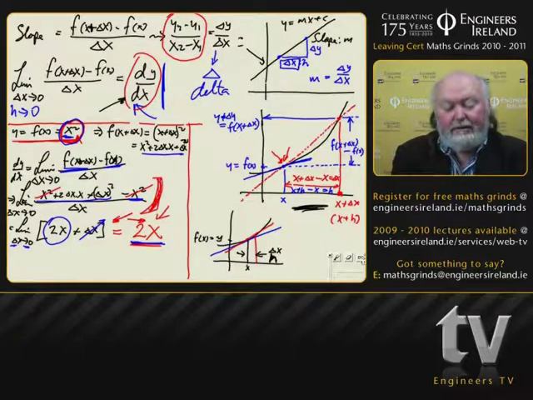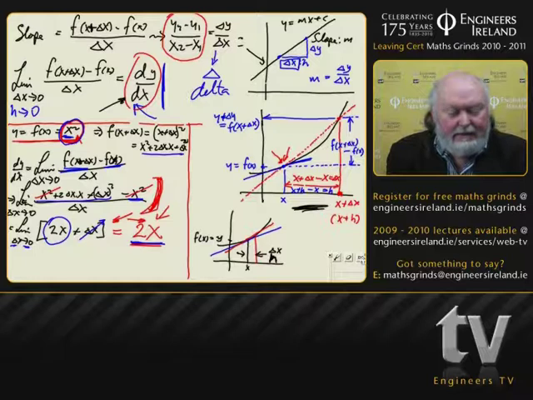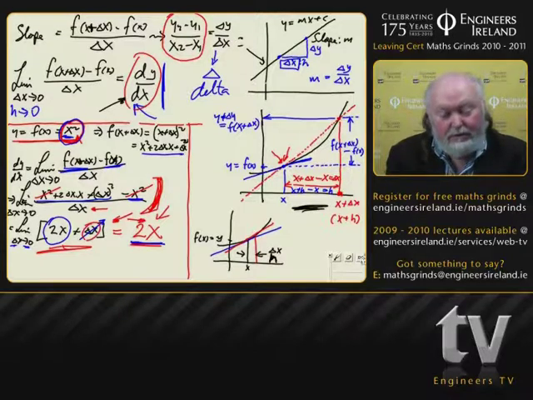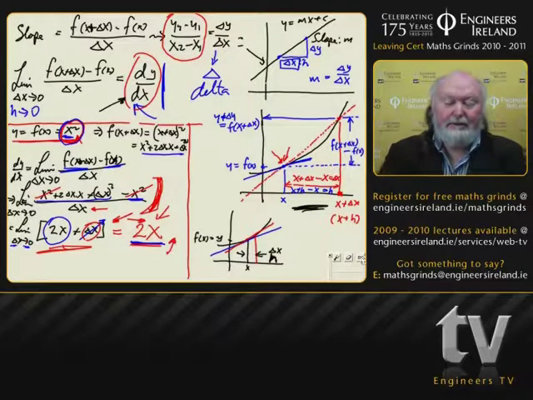In this line, delta x must have a value. It can't be 0, because otherwise we've something divided by 0. So it's something other than 0. It's more than it, okay? Down here, we're now saying in the limit, this delta x actually goes to 0. And over here, it's so small we say it might as well be called 0.